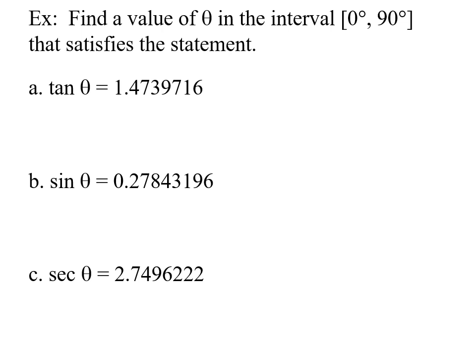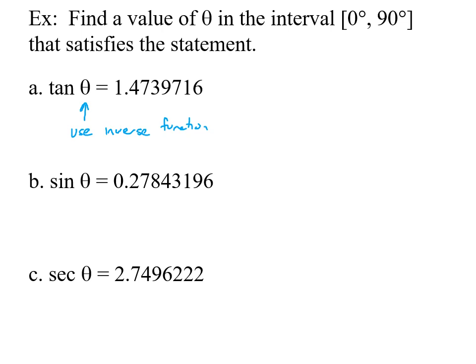So here, this says find the value of theta between 0 and 90 that satisfies the statement. If you're looking for the angle, like this theta right here, anytime you're looking for the theta, you have to use an inverse function. If you have an angle theta, then you don't use an inverse function.